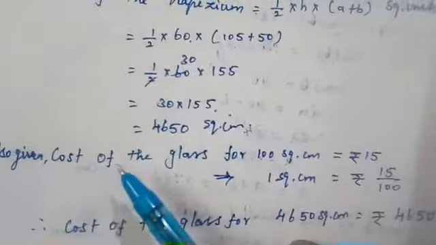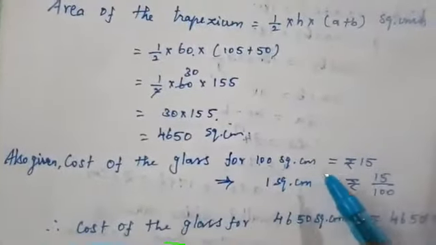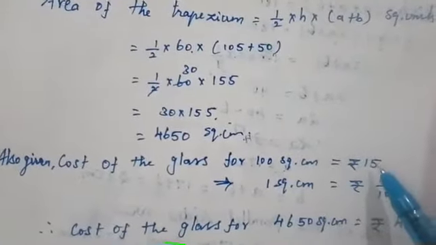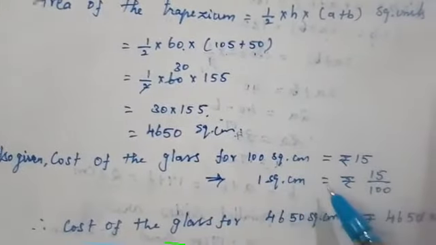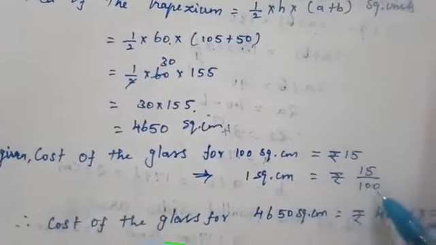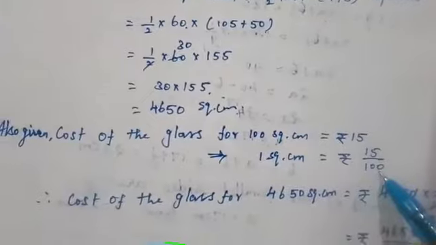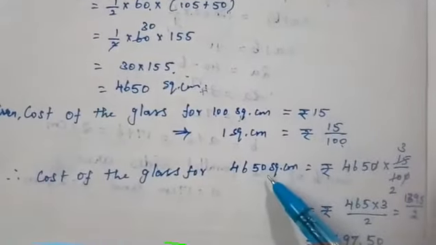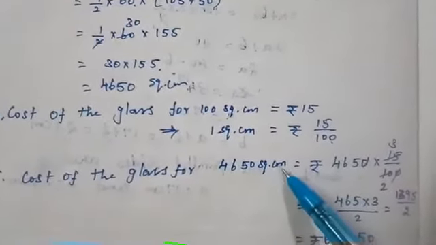Also given, the cost of the glass for 100 square centimeter is rupees 15. So for 1 square centimeter, what is the cost? It is 15 by 100. We found the area of the window is 4650 square centimeter.